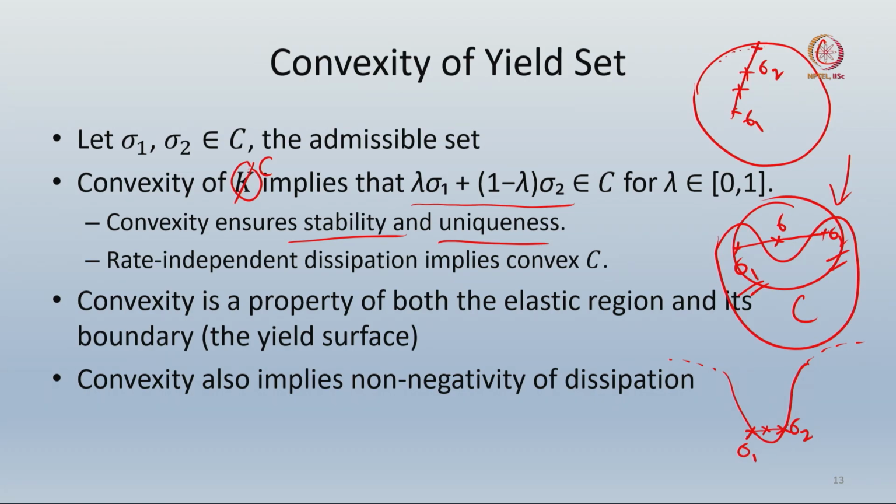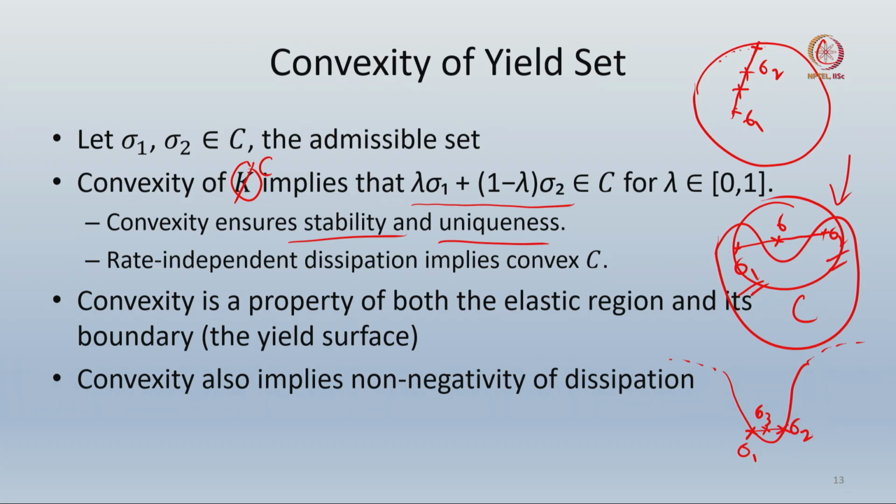Then its interpolation means another point here, right, that is very close to sigma 1 and sigma 2. So, both sigma 1 and sigma 2 gave you elastic response, whereas this sigma 3 gave you a completely inadmissible thing. That is not the smoothness that you expect of the material response, as evidenced in experiments also.